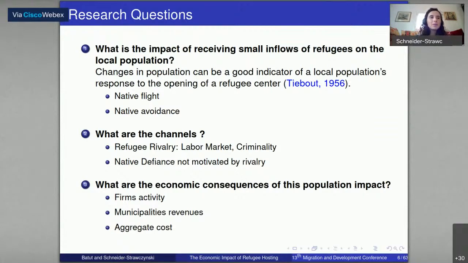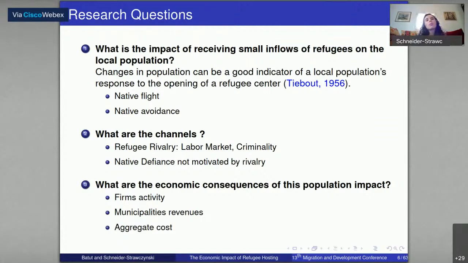As Tiebout said in his paper in 1956, people can vote with their feet. And so we could see two types of phenomena. First, we could see a native flight, that is that the native population would leave the municipality in which a refugee center opened, or we could also see a native avoidance phenomenon, that natives avoid moving into municipalities that opened refugee centers.